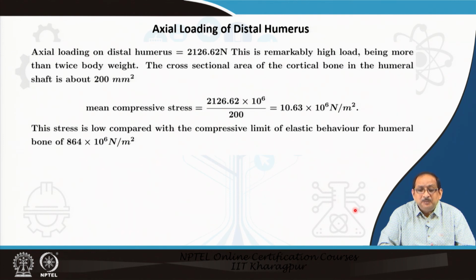So, the mean compressive stress can be calculated as the axial force divided by the cross-sectional area, and it comes out to about 10.63 MPa. Now, this stress is actually low compared to the compressive strength of the humeral bone, which is about 864 megapascal.